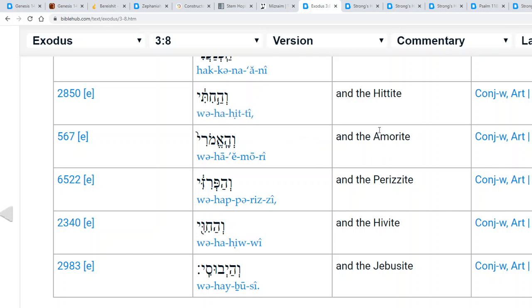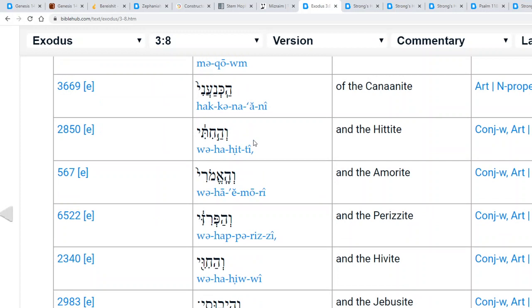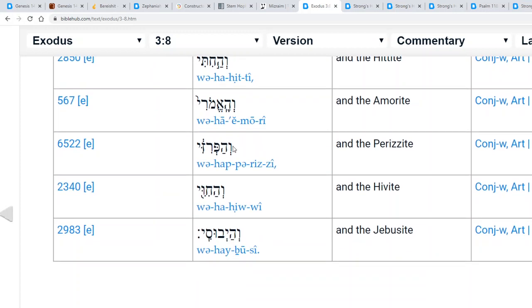Although usually what we do is we distinguish between aleph and ayin by transliterating aleph as an a and ayin as an e, right? So I would distinguish it by Amorite and Emorite if I was doing it. Okay, Vehaprizi and the Perizzite, right?